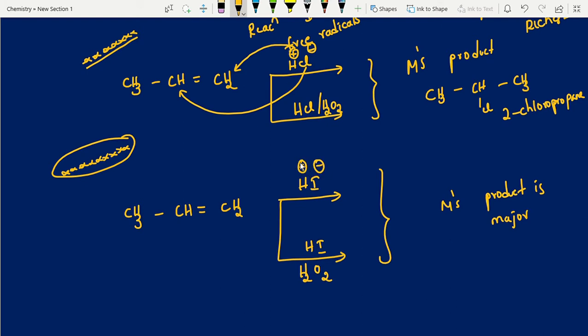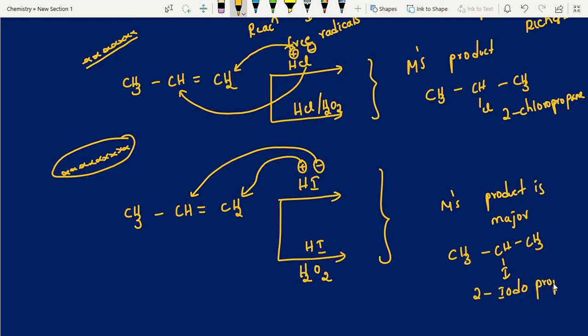So here CH3, CHI, CH3. This is what we call 2-iodopropane. In theory questions, propene reacts with HI, what is the major product? They will give options like 1-iodopropane, 2-iodopropane, or both 1 and 2. So names also we have to learn.